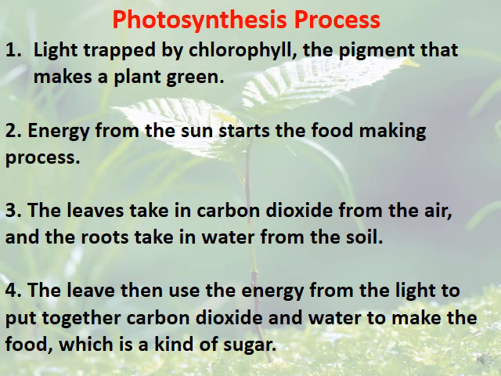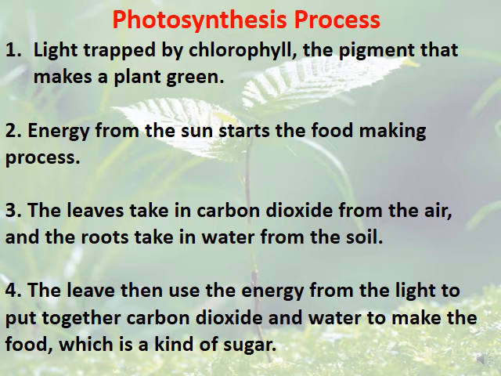Photosynthesis has steps. 1. Light is trapped by the chlorophyll, the pigment that makes the plant green, as we said, chlorophyllic plants. This energy from the sunlight starts the food making process. The leaves absorb carbon dioxide from the air, and the roots take in water from the soil.